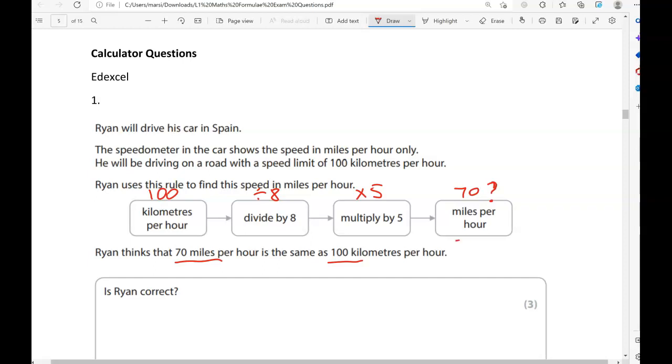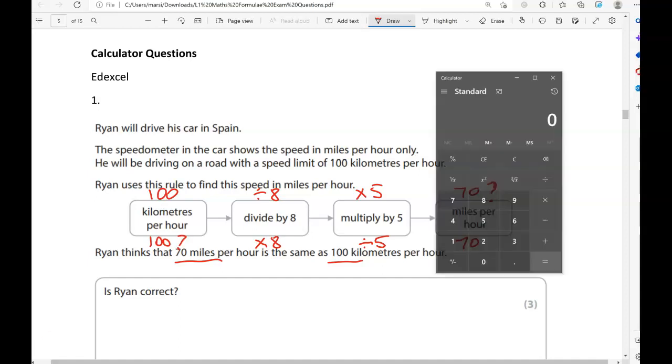Or we could start with the 70 miles. Instead of multiplying by 5, we divide by 5, so we reverse the process, and then that answer we multiply by 8 and see if that matches the 100 kilometers that we have. Either way is absolutely fine.